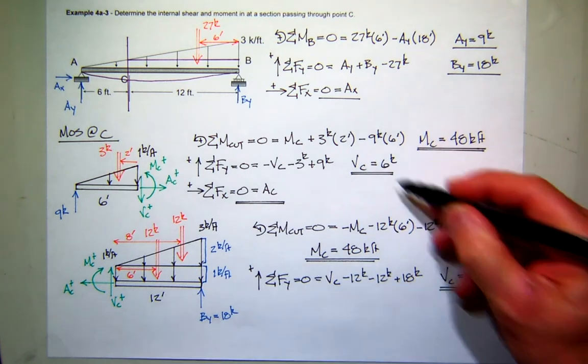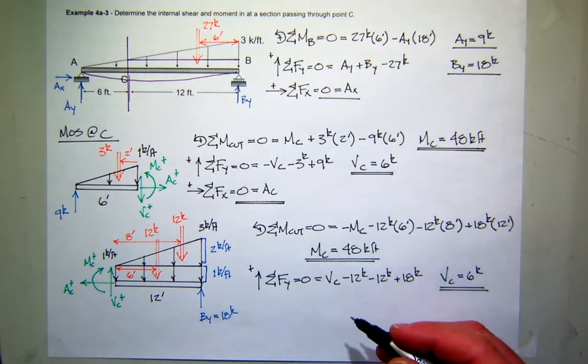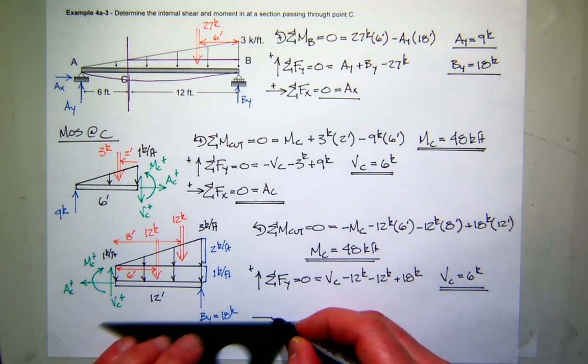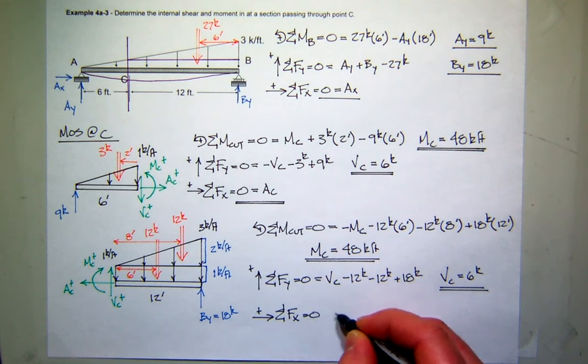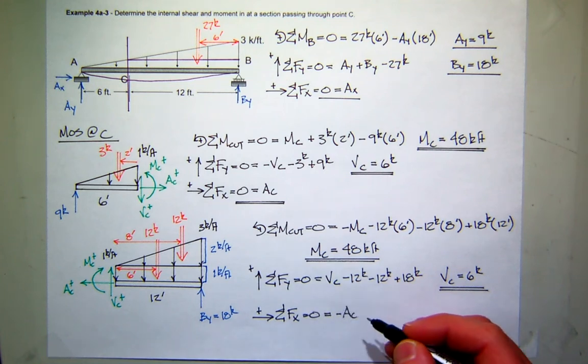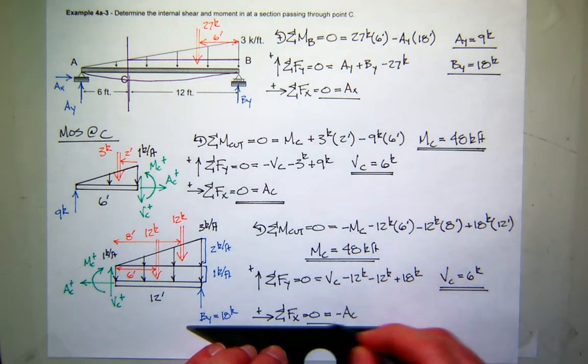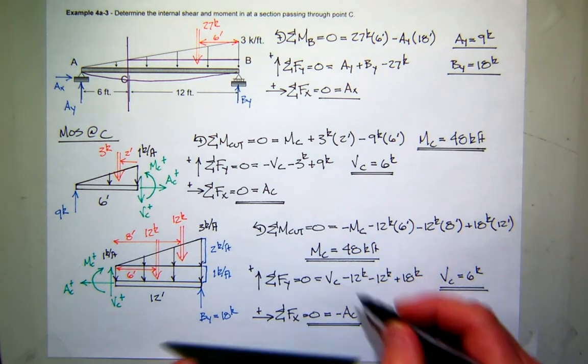You can see that matches. And the last one is, again, borderline trivial, but we'll go ahead and check it. We'll sum forces in the x direction, and all we have is minus AC and no other forces, so the axial force is 0, and that checks.